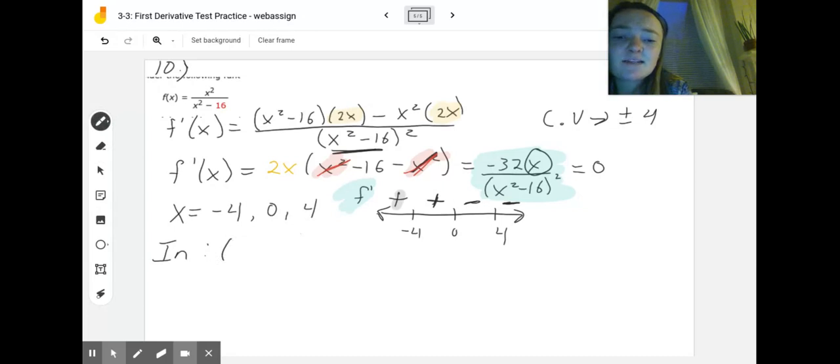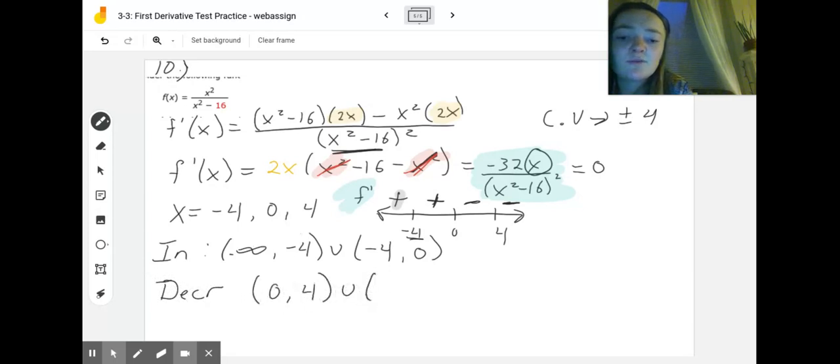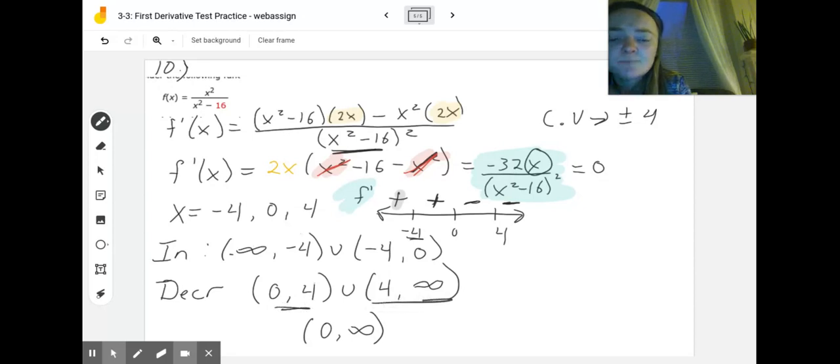So I could say negative infinity to negative 4, and then negative 4 to 0. And then it's decreasing from 0 to 4 and from 4 to infinity. You could check whether it takes 0 to infinity, but technically it's this.